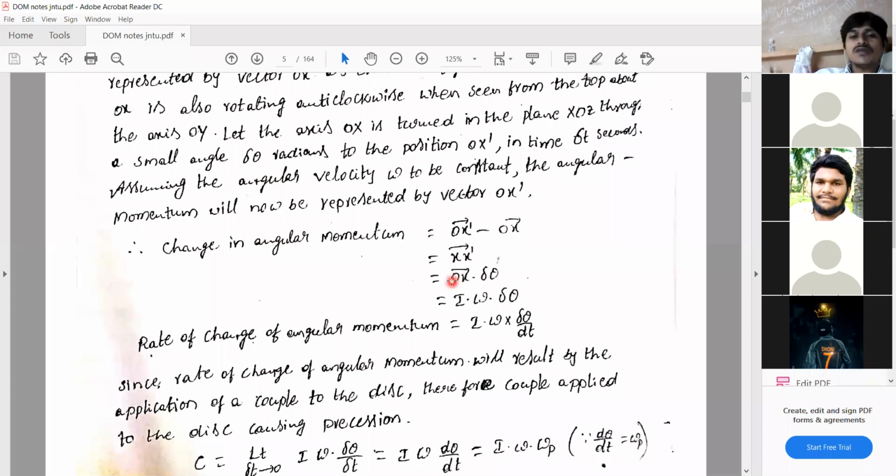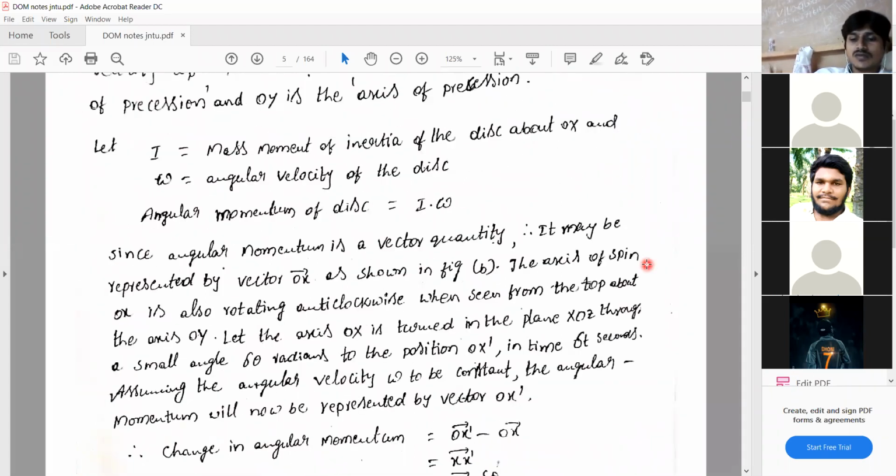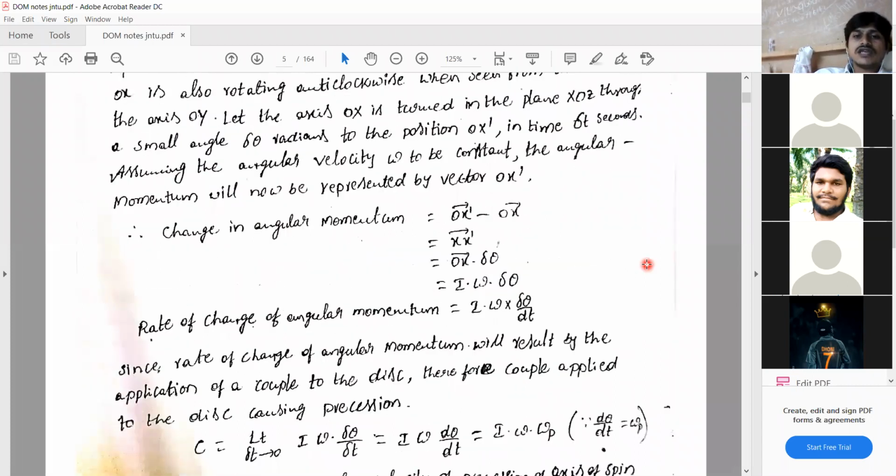OX means the angular momentum of the disk, which we already calculated in the previous step: I omega. So the OX value is I omega, and del theta. I omega and del theta.